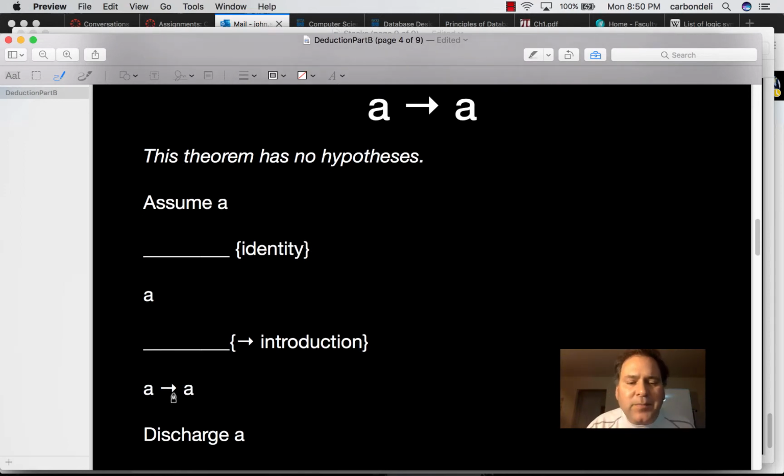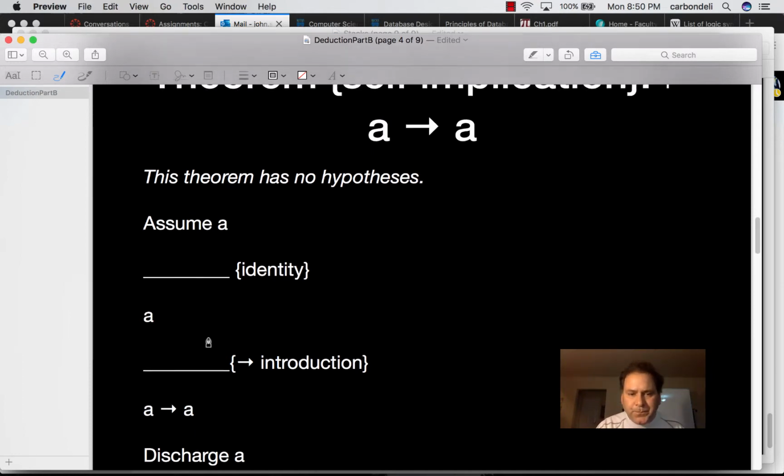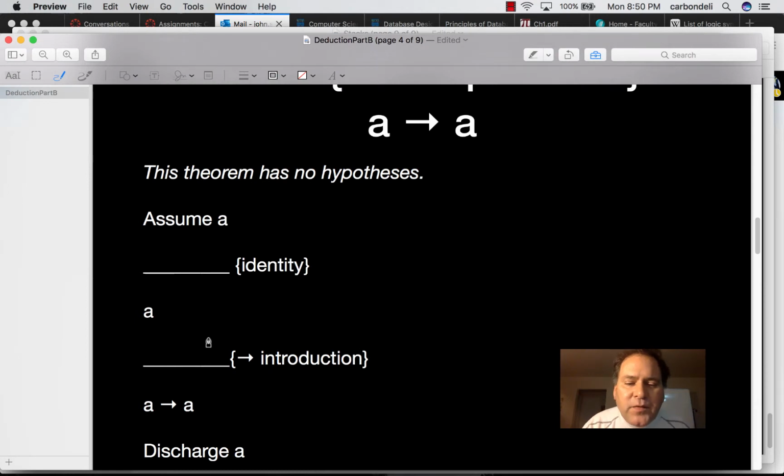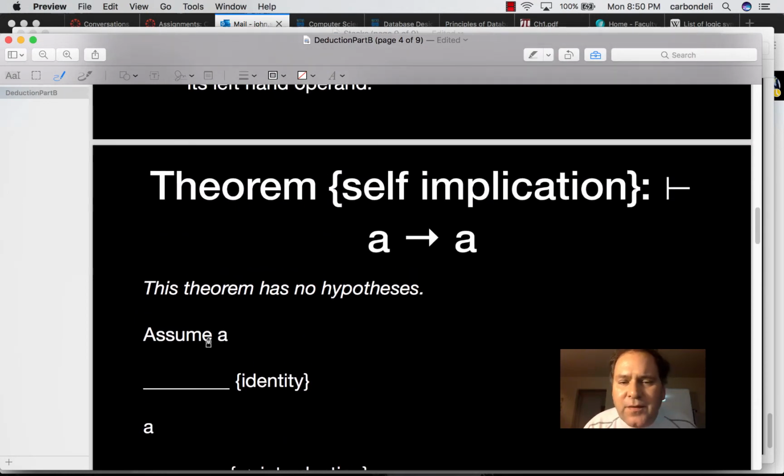that A implies A. And you can see that there are really only two possibilities here. Either A is going to be true or A is going to be false. And as we know, true implies true and false also implies false. So you can see the truth of this by making a very simple observation.